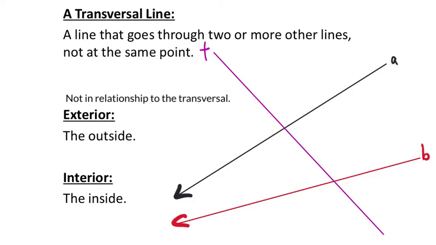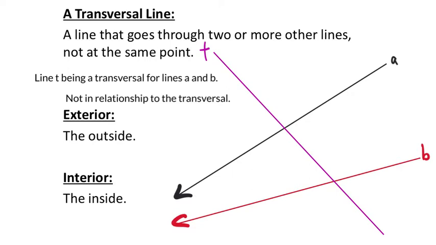Okay, now I just want to focus here on line T being a transversal for lines A and B, okay? All right, so again, these exterior and interior terms are not in relation to the transversal itself, okay?